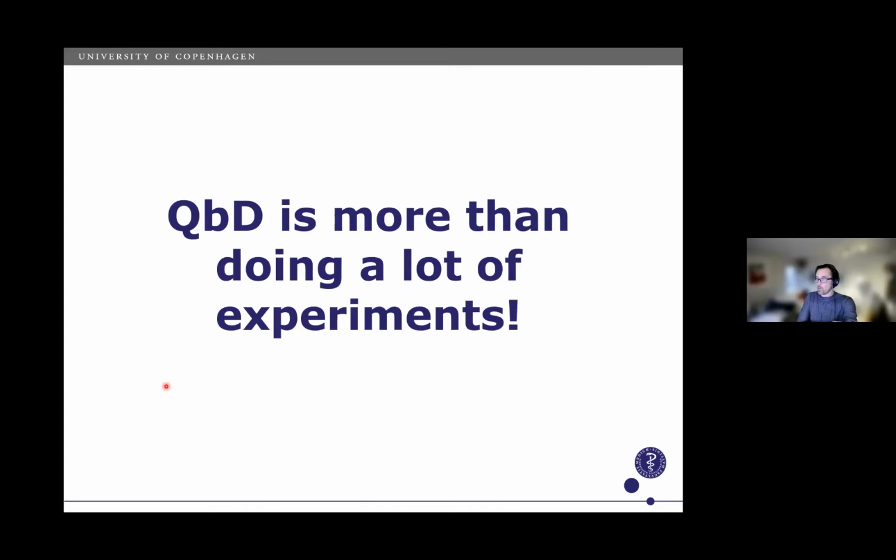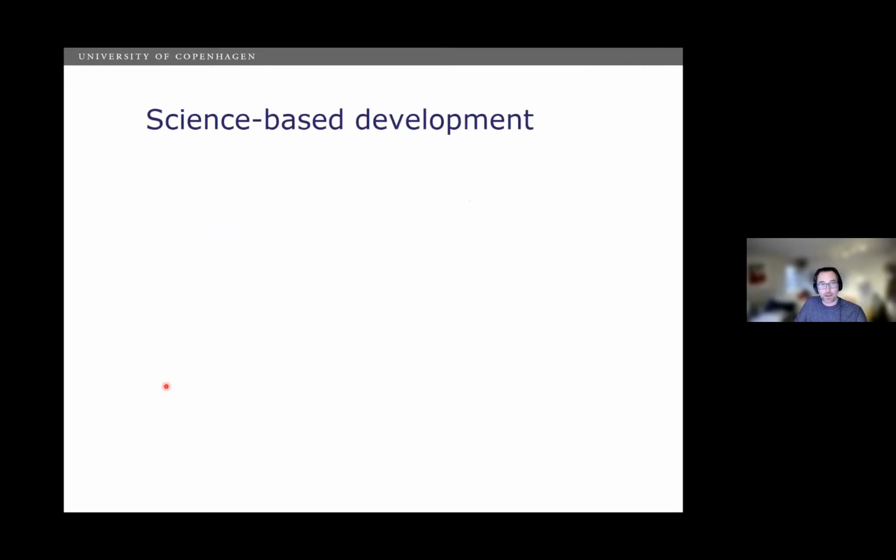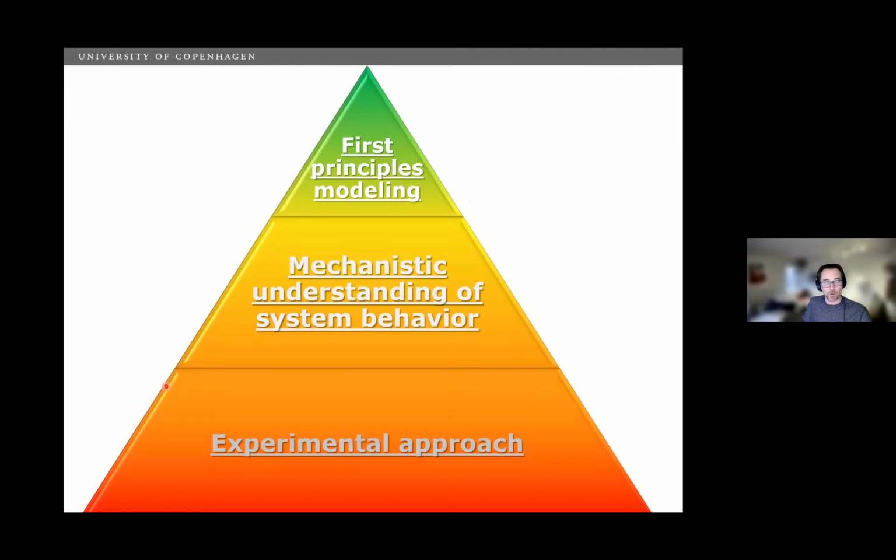Yes, but then we can start rounding up with a few thoughts on this more detailed analysis of things. QbD is more than doing a lot of experiments. If you think about science-based product development, how much depth can you get in understanding your product?